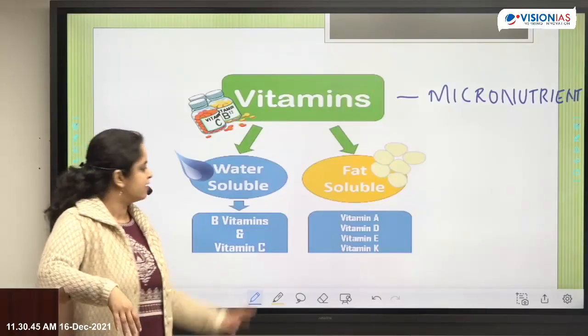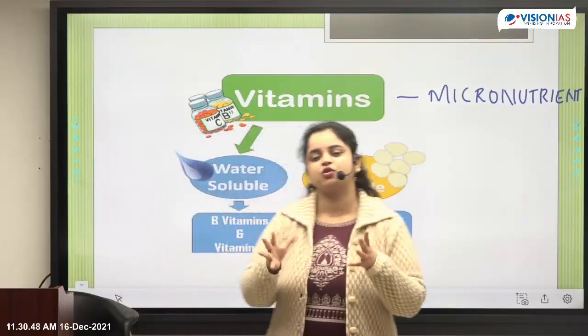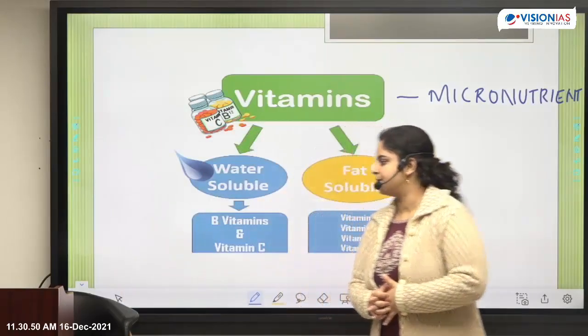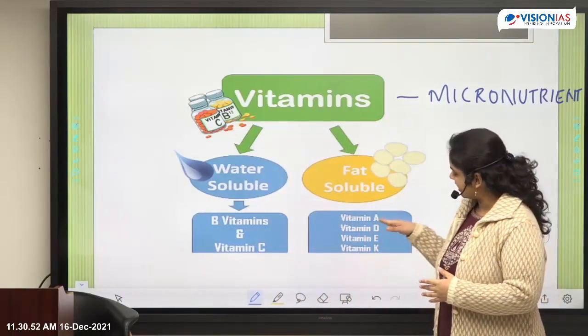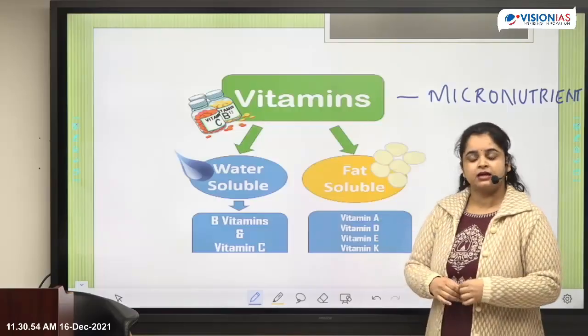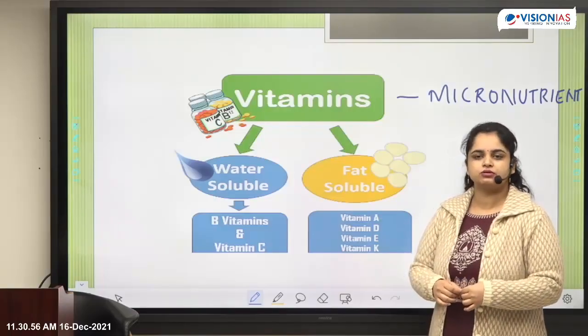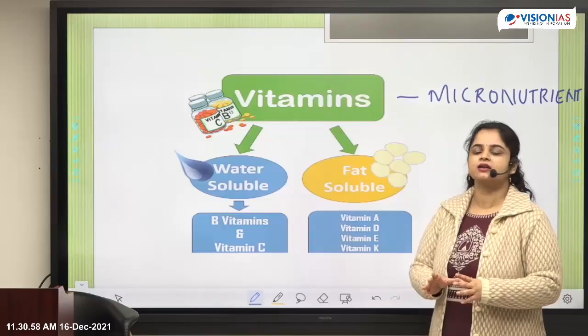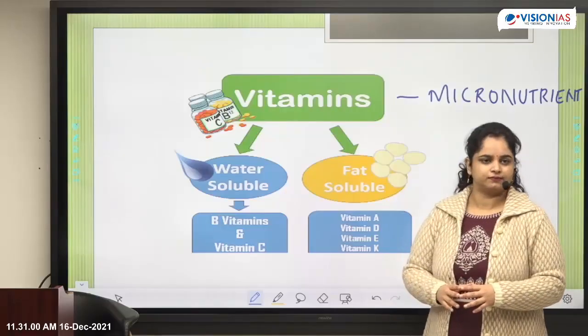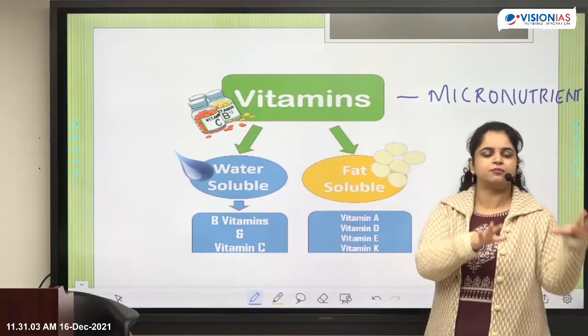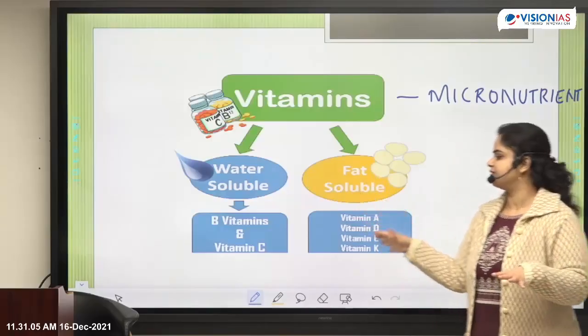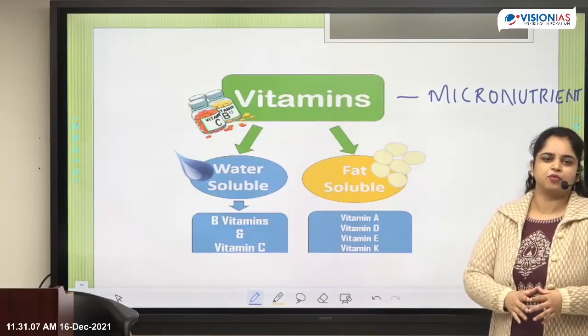Fat soluble, the story is slightly different, because these vitamins A, D, E and K will go and get deposited anywhere where there is fat in the body. So all the places where fats are, there we will find these vitamins being deposited.